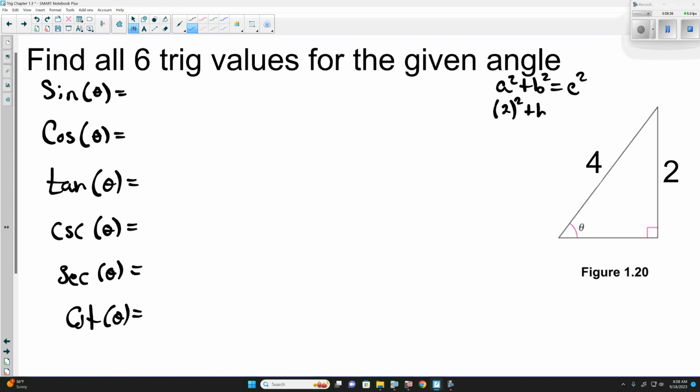I can plug in a as 2, and we'll plug c in as 4. Well, 2 squared is 4. 4 squared is 16. At this point here, we can subtract 4 from both sides, telling us b squared is equal to 12.